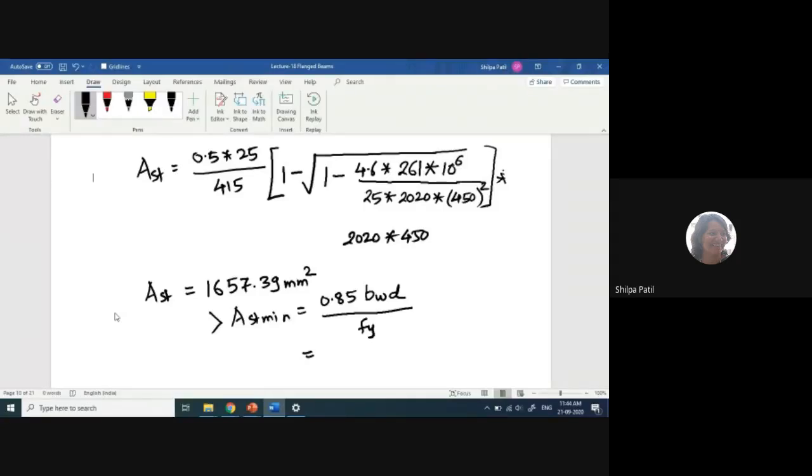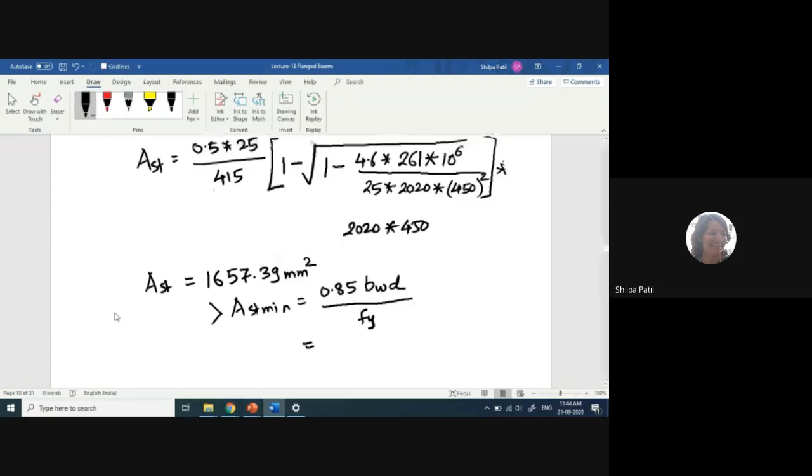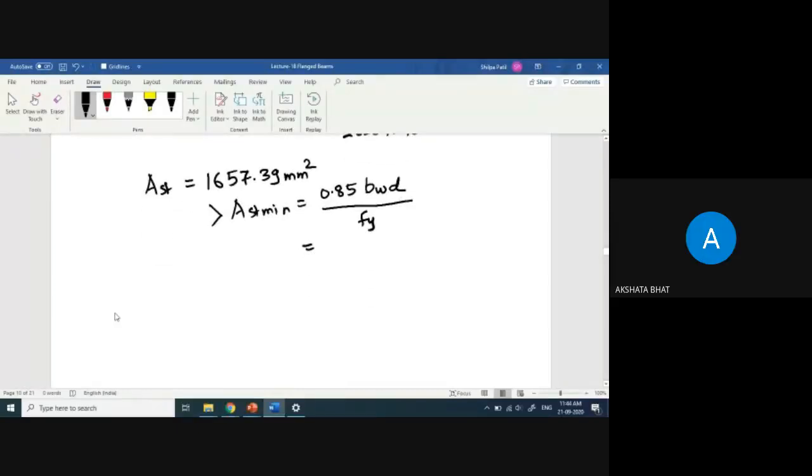What was the value for the width of the web we have assumed? 300. Use that value in the calculation and tell me the value now. 276.51.